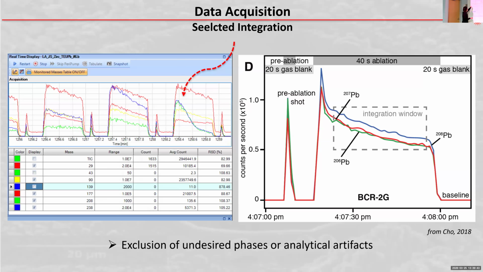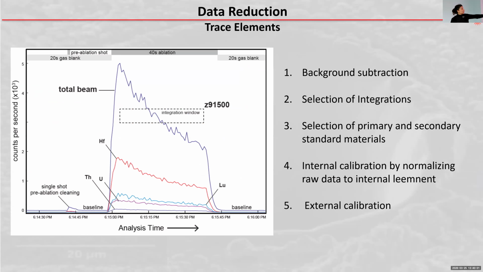So if you look here, the red line, this is 29, is silicon. There shouldn't be any silicon in a 5.0 bottle super high purity helium. But this is not helium, this is actually nitrogen interference on the 29 mass of silicon. So you have to do your due diligence and do this baseline subtraction properly.